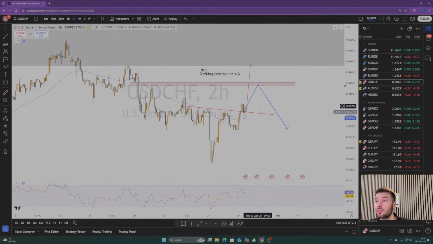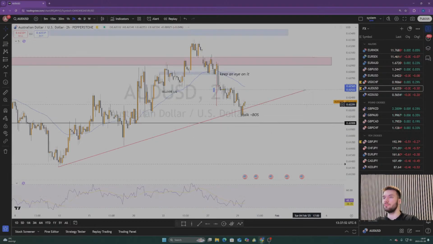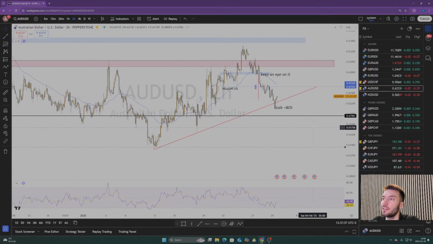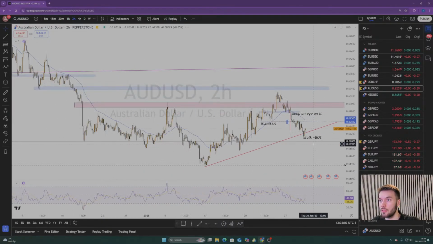But sure, there is a possibility we go up here with this level, or that we get some sort of retracement, you could say, in the downtrend to the upside. Euro USD, sorry, AUD USD. We do respect this level.